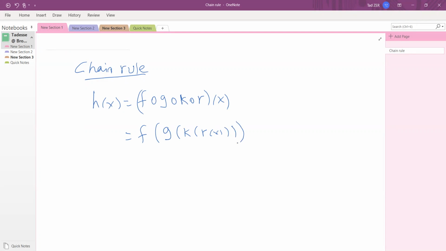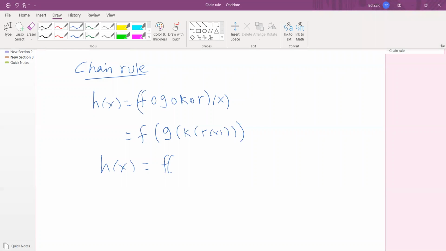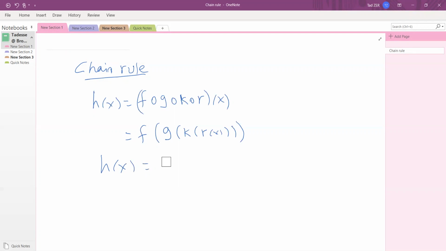So for two functions, if I have h of x as simply the composition of two functions, what does this composition mean?